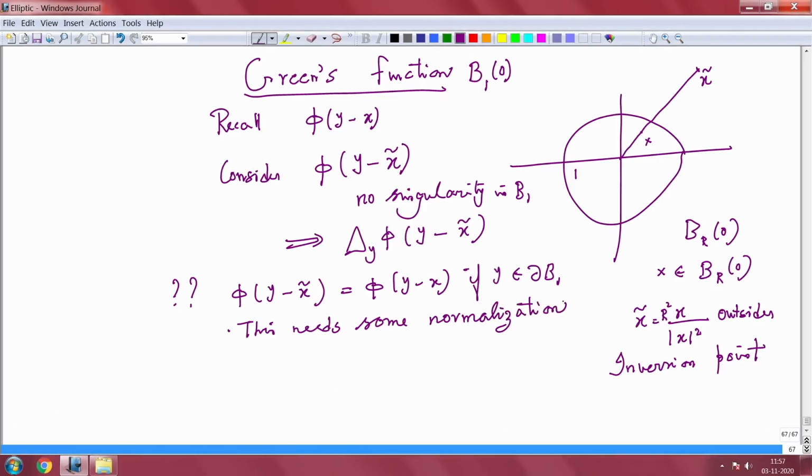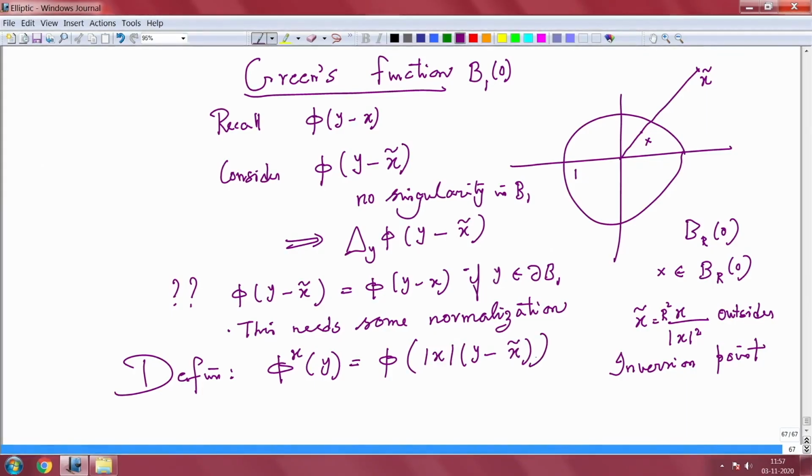So, define, this is the definition: phi x of y, x is fixed, only with respect to y, is equal to phi of modulus of x, which is a constant as far as y is concerned, times y minus x tilde.